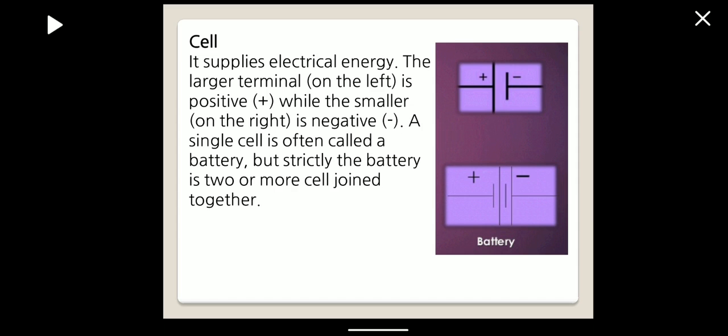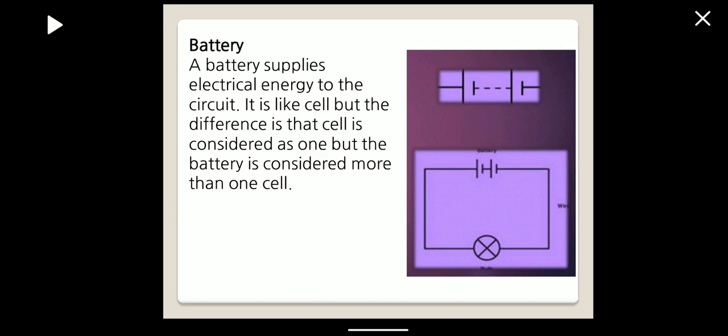Only a single cell is called a cell, and a number of cells is called a battery. Two or more cells joined together is called a battery. So this is the symbol for the battery. A battery supplies the electrical energy to the circuit.